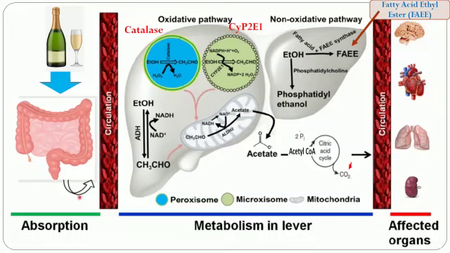Once it reaches the circulation, it will go into the liver, and in the liver the metabolism will begin. The first step is conversion of ethanol to acetaldehyde by the enzyme alcohol dehydrogenase.